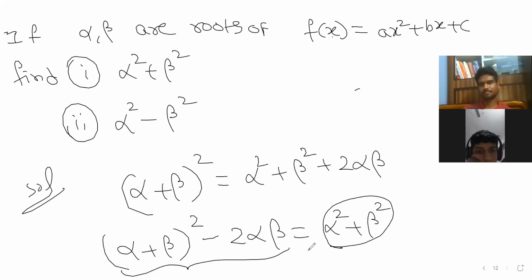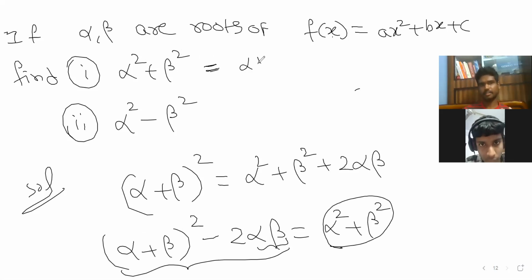Now I know alpha plus beta, the sum of the roots, which is minus b by a, and alpha beta, the product of the roots, which is c by a. Just substitute over here. Because we don't know alpha and beta separately, we are manipulating it in terms of what we know.